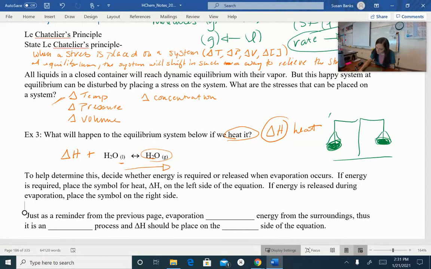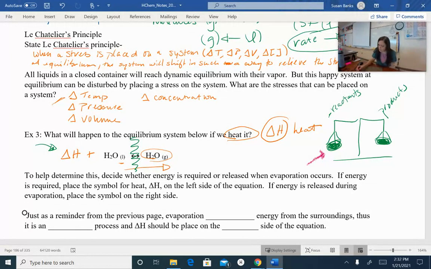So I want you to think of one pan as the reactants, and I want you to think of the other pan as the products. Okay, if I add more heat, doesn't it make this reactant side a lot heavier? It's going to make the reactants pan go down.